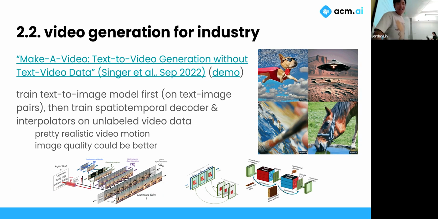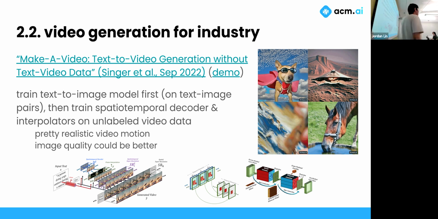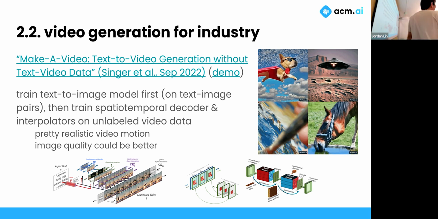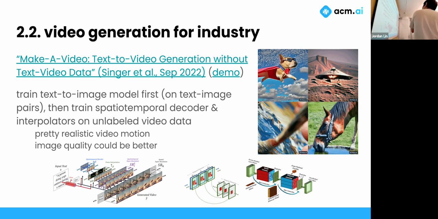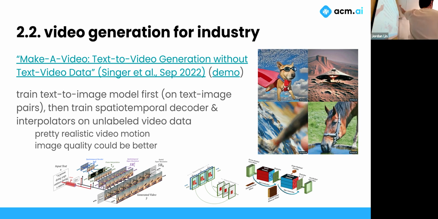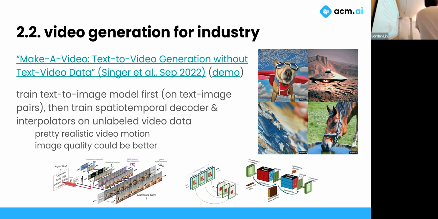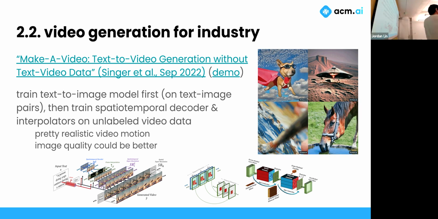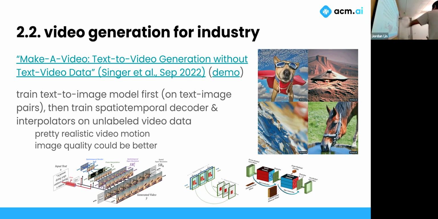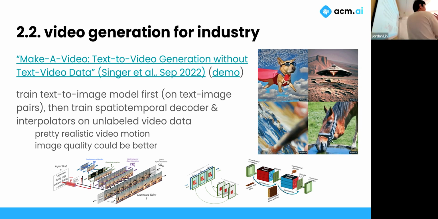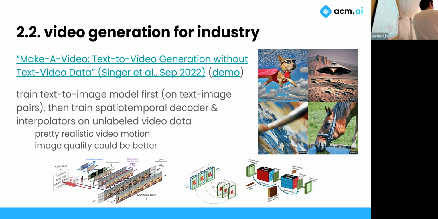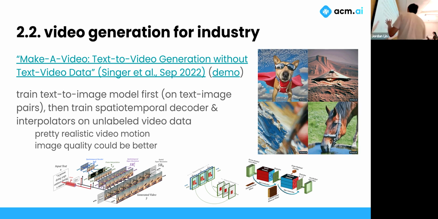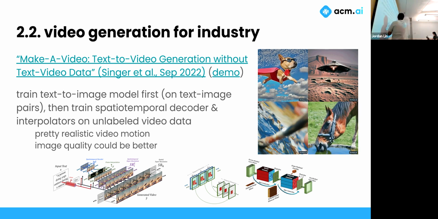Okay. Then we move on to video generation for industry, where we've got that big boy money, right? First, in September 2022, Meta made Make-A-Video, which is text-to-video generation without text-video data, which is pretty cool. They started this trend for video models of doing a two-stage training, where they first train an image model on text-image data, and then train on video data that doesn't have text labels, with additional modules and layers.